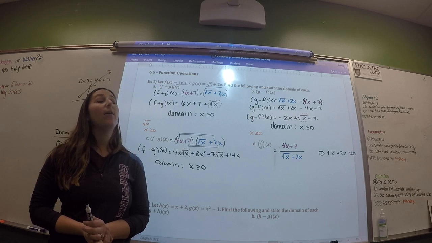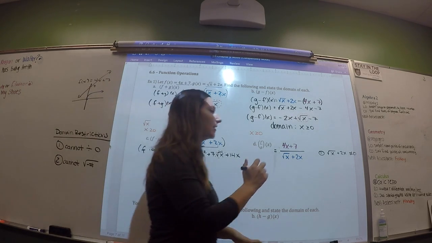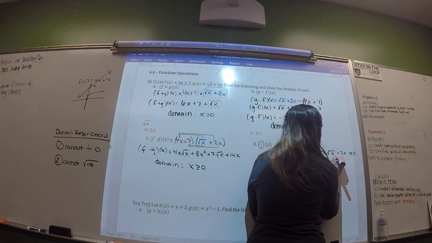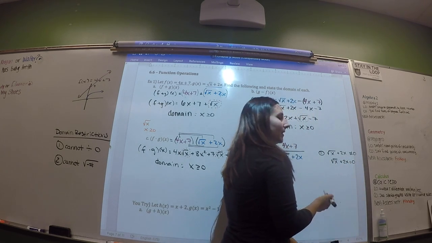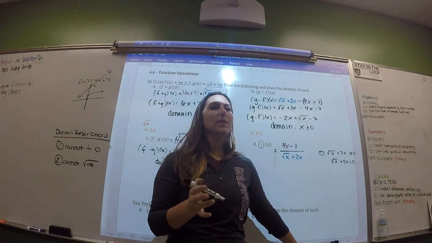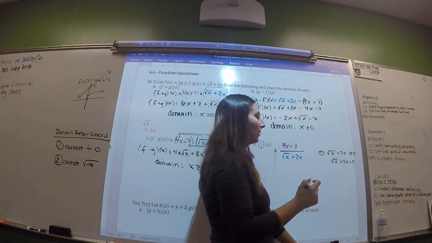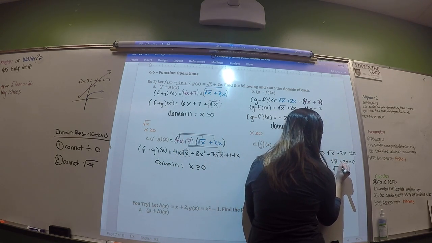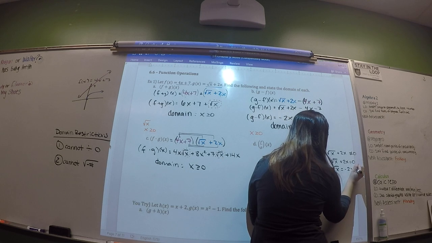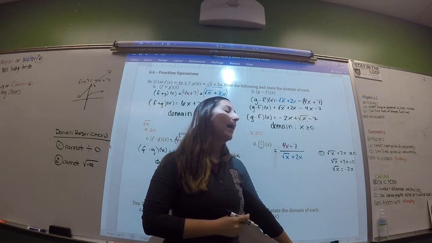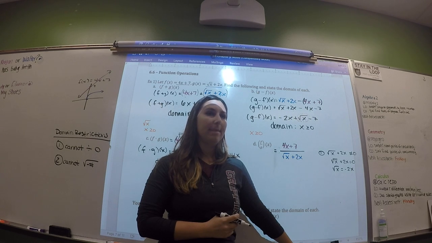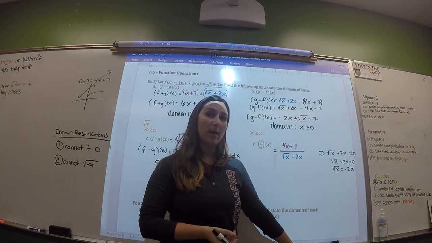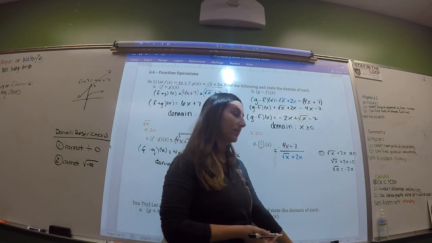So here's how we're going to solve this. You're going to turn it into a little equation, and you're going to solve to see what's going to cause the denominator to be 0. The way we solve this is we can subtract that, and then you can square both sides.